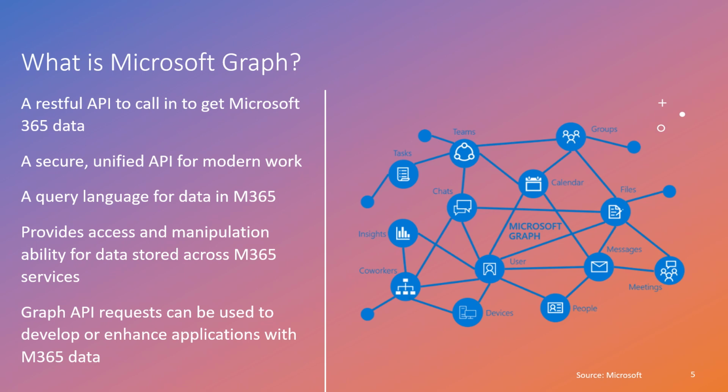Graph provides developers and Azure admins access to data located in various M365 services without having to learn about how the individual services work. You can use Graph API requests to start developing or enhancing your applications with M365 data. Also, custom applications can use the Graph API to connect to data.